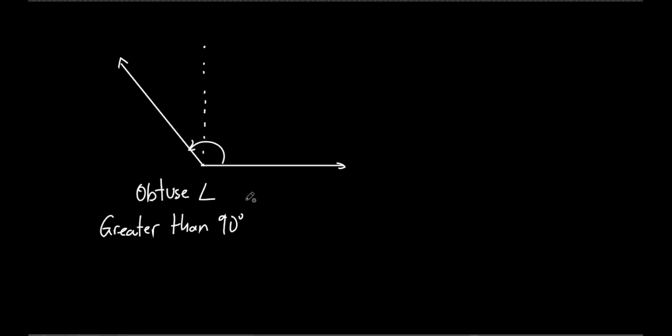And again, technically the book will probably say it's between 90 and, what do you think? 180, right, okay? So, but as far as we're concerned, if it's bigger than 90, it's obtuse. Because technically there's some situations where that's not exactly true, but for what we're thinking, that's true.